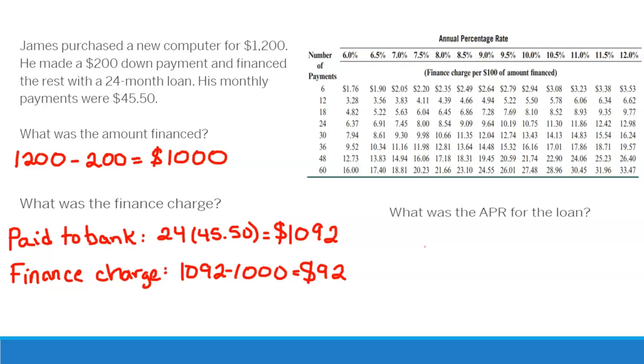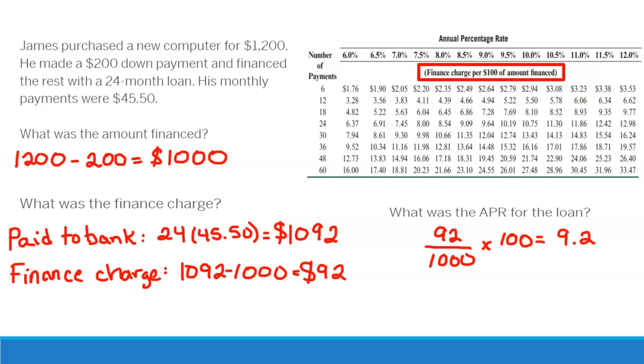To use the APR table, we need to find the finance charge per $100 of amount financed. We find that by taking the finance charge and dividing it by the amount financed, the $92 divided by the $1,000, and then multiply that times 100 to get 9.2 or $9.20 interest for every $100 financed.